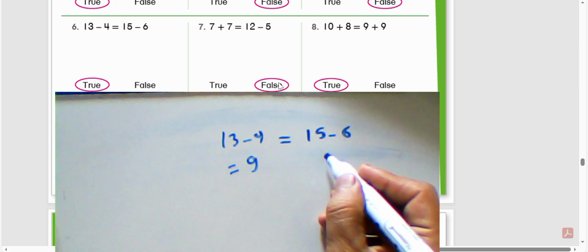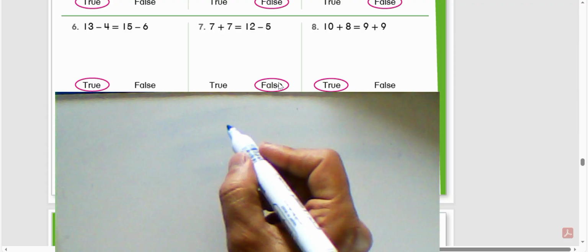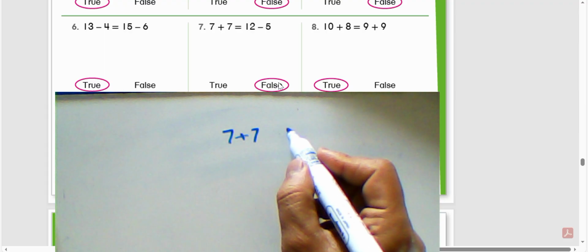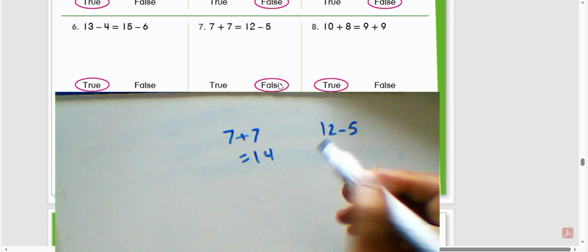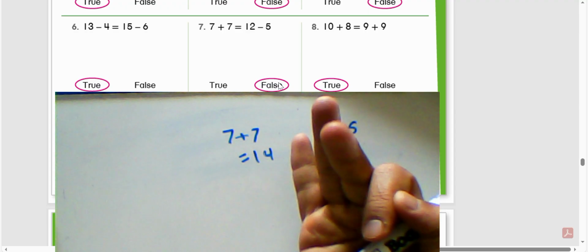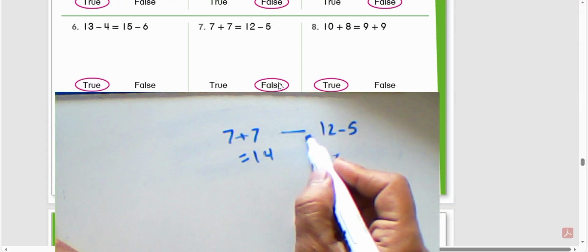And the result will be 9. Then it will be correct, right? 7 plus 7 equals 14. And 12 minus 5, just after 5, 6, 7, 8, 9, 10, 11, 12. It will be 7. That is not equal.